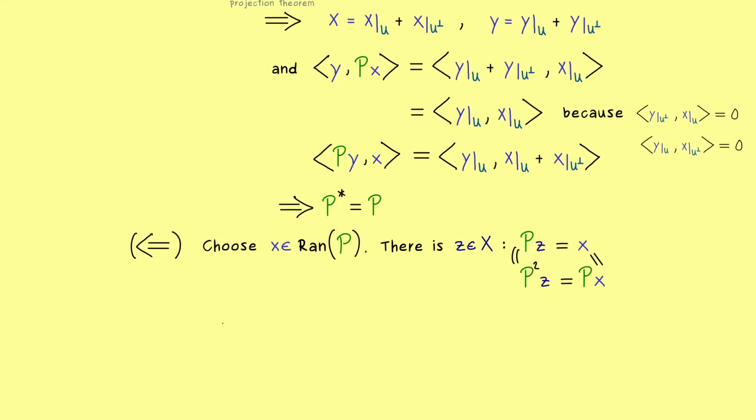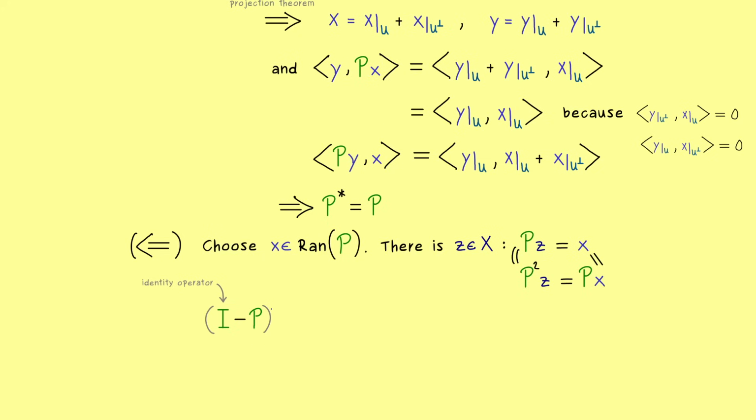And now in the next step what I want to do is to take the identity operator on X, which I just call I. So obviously the identity operator will not change any vector, but now I want to consider I minus P. Indeed, in the case that P is an orthogonal projection onto a closed subspace U, I minus P should be the orthogonal projection onto the orthogonal complement of U. Therefore, the two operators here should definitely be related in some sense.